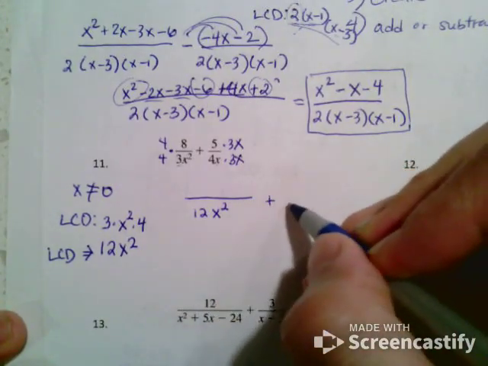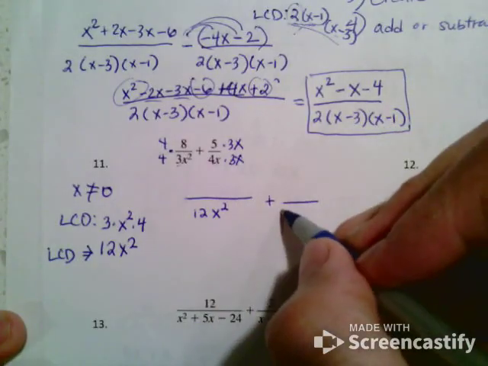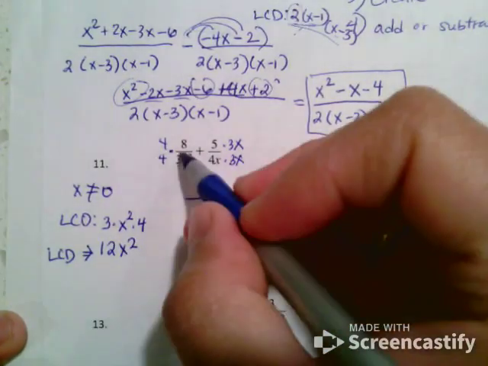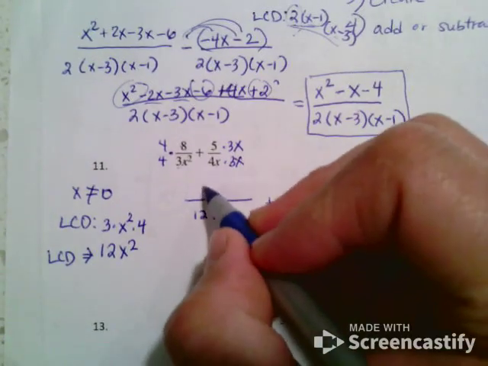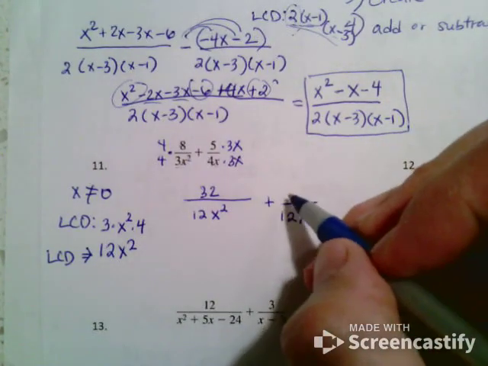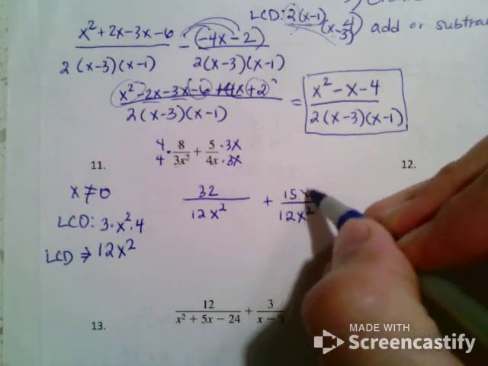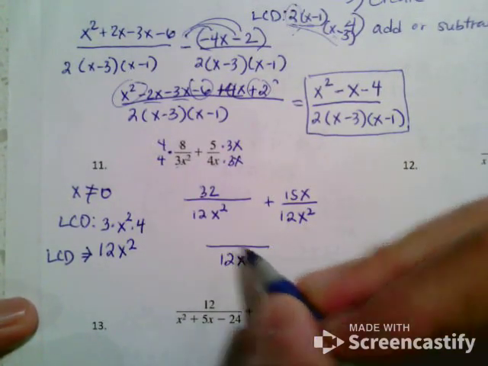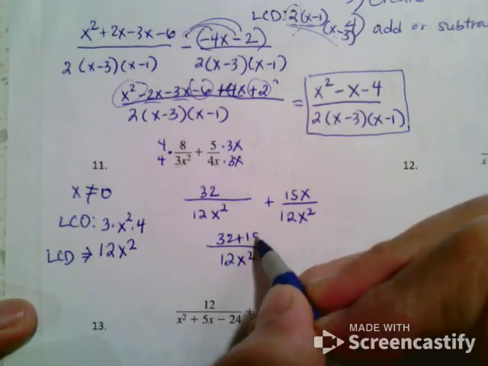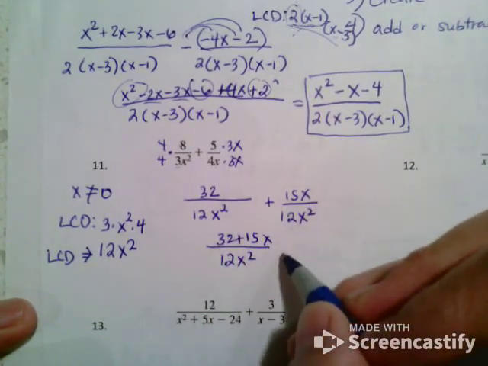Actually, let's write it like this. And then here we'll just have 4 times 8, and then over here we'll have 15x, and then we'll keep the LCD. And then just add or subtract across.